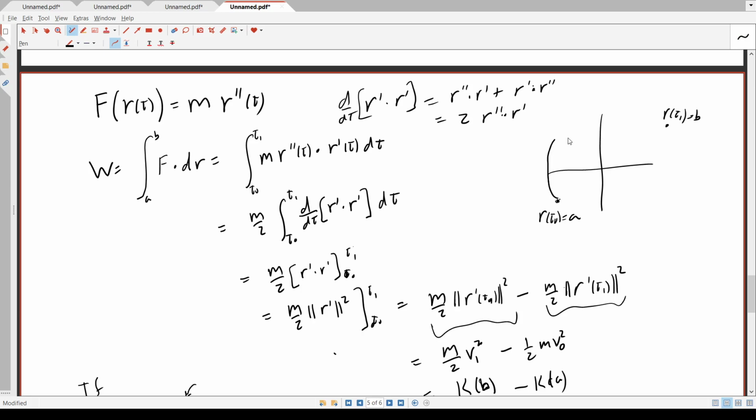You can go all the way around here, and that's going to be the same amount of work as if you just went straight there, or if you did some weird loop. It's the same because for a conservative field, the line integral does not depend on which path you take. It only depends on the endpoints.